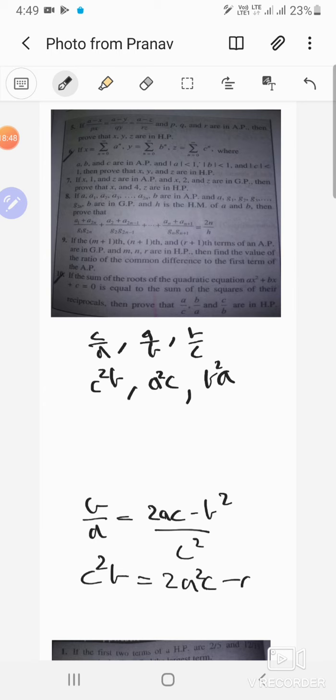Fine, so a1 plus a2n is going to be equal to a plus b. Then a2 plus a2n minus 1 is going to be equal to a plus b, and it keeps on going like that. Then you have g1 and g2n, that will be a into b, and then g2 and g2n minus 1, that will be a into b, and this keeps going like that.